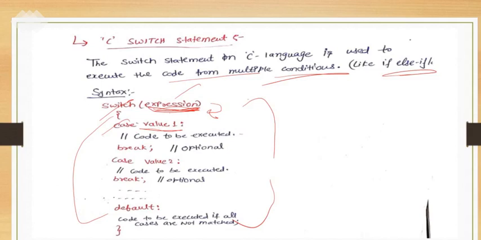And after each and every case, we have the break statement. These are conditional flow control statements that we will discuss later. Here it means that if case 1 is true, the statements written in case 1 will execute, then it will break the complete switch.